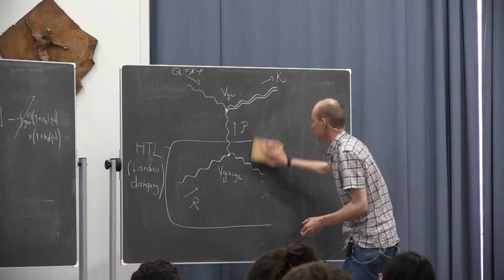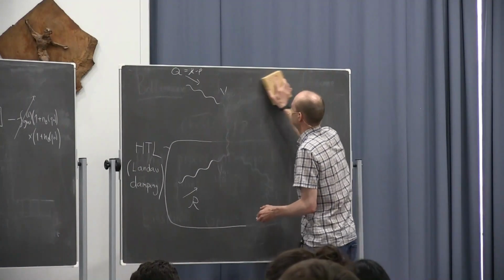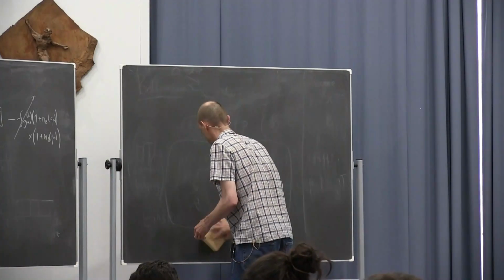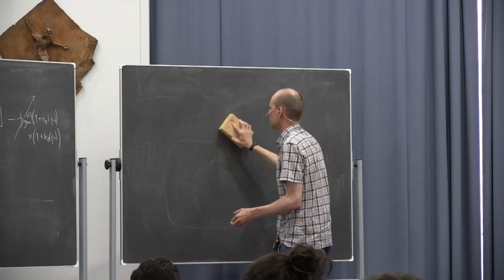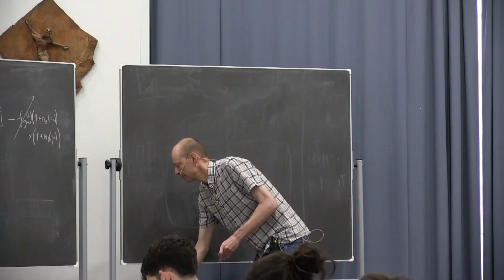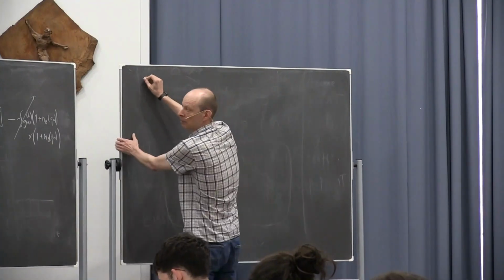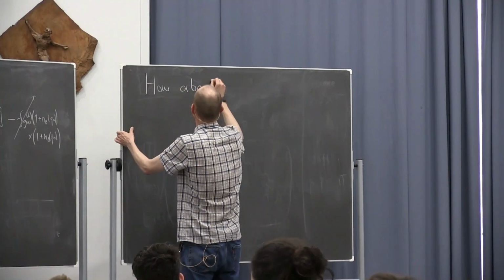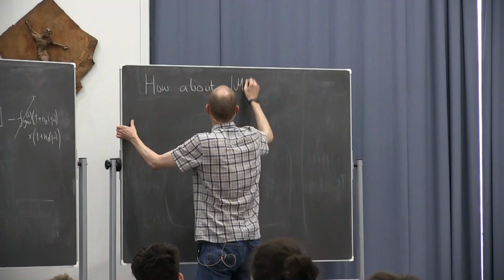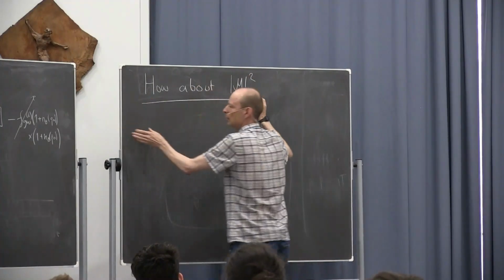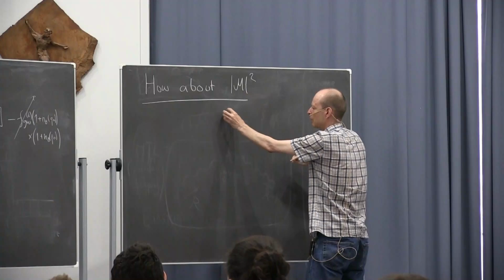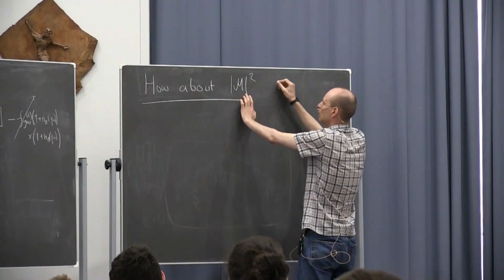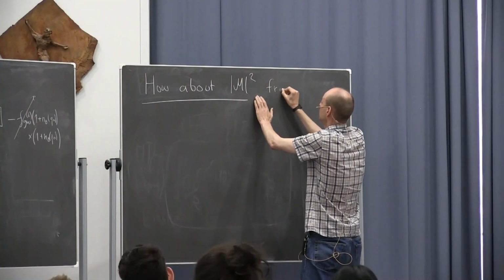Here I will be quite vague, but we have to say something. The important thing is that we only have to discuss this vertex. What happens with the other vertex is part of the HTL, so we only need that.